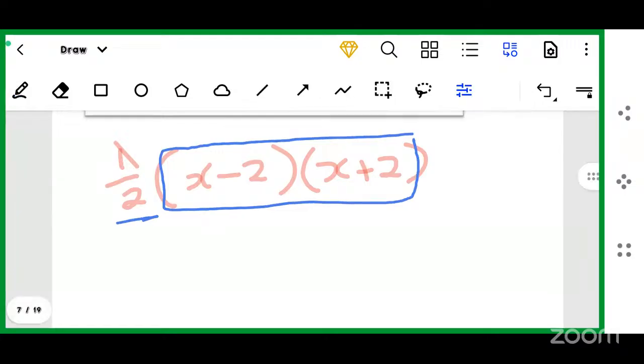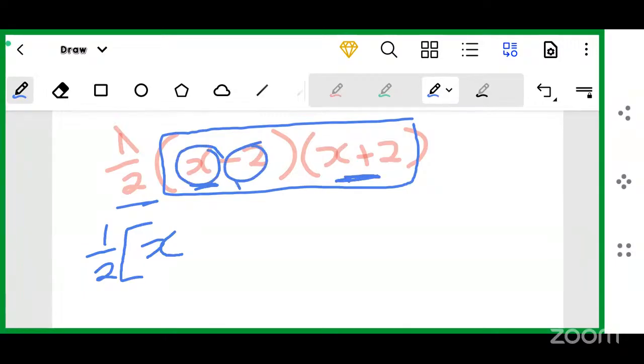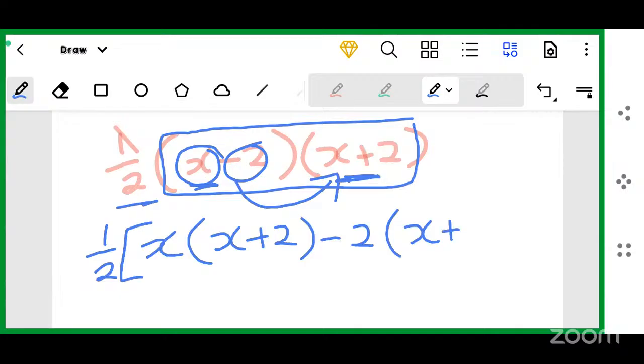So for us to do that, we can just say 1/2, we open a big bracket, and then we write our x. Now we are trying to remove the bracket by multiplying each one that is inside the first bracket with the second bracket. So we say x into x plus 2, close bracket, minus 2 into x plus 2, close bracket, close bracket. Am I making sense?